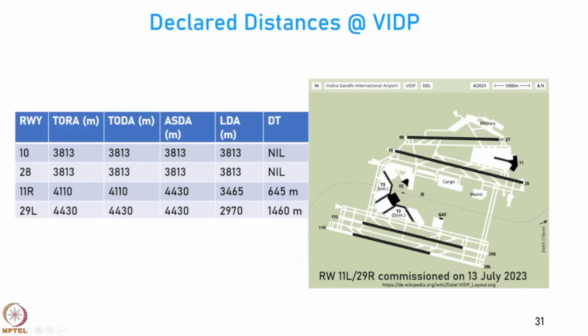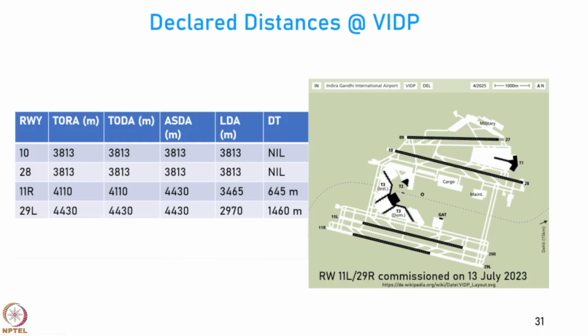So, even though you have a length of 4110, you reduce it to 3465 because of the threshold, and although you have 4430 length available, you have to reduce it by 1460 to 2970. So, that is the effect of displaced threshold.